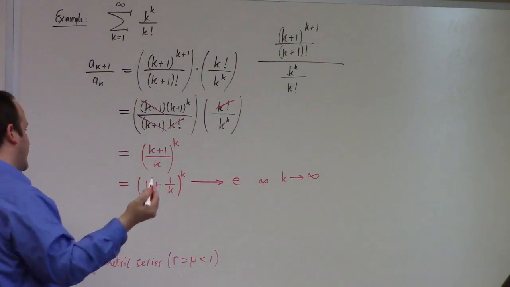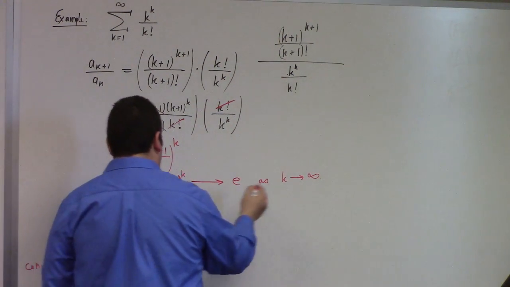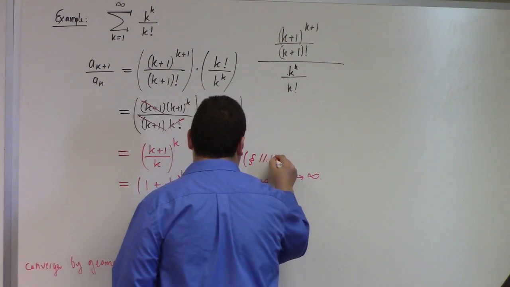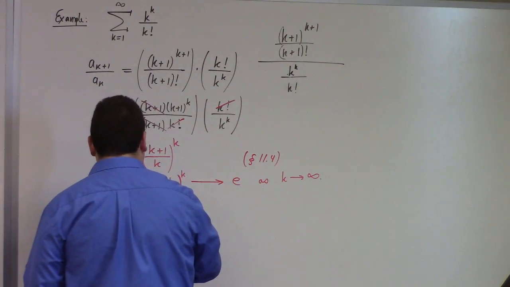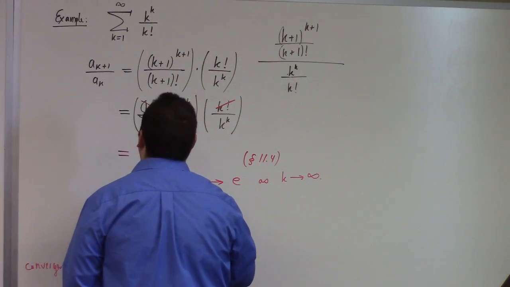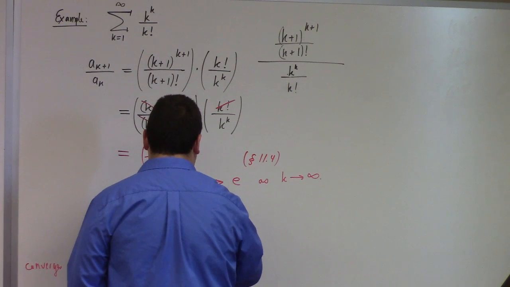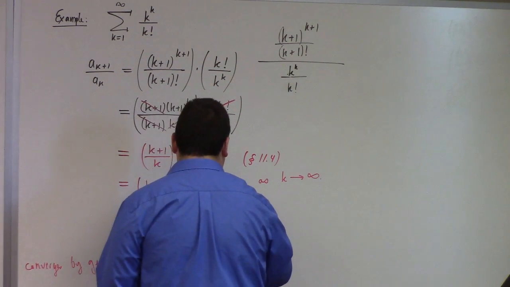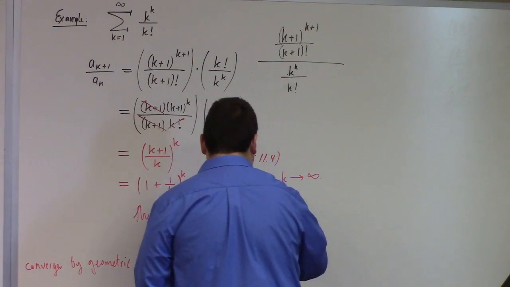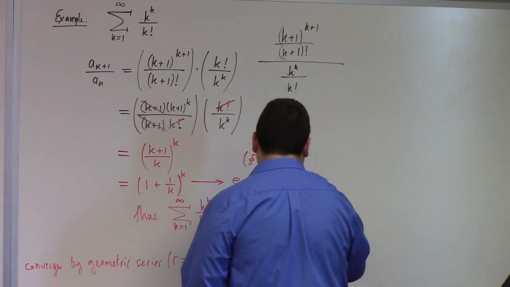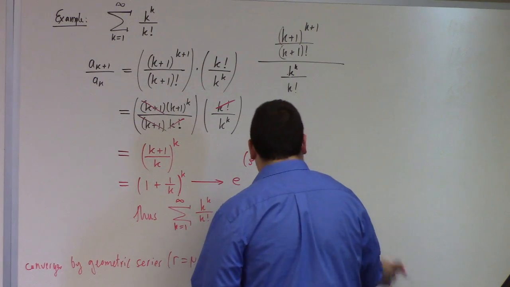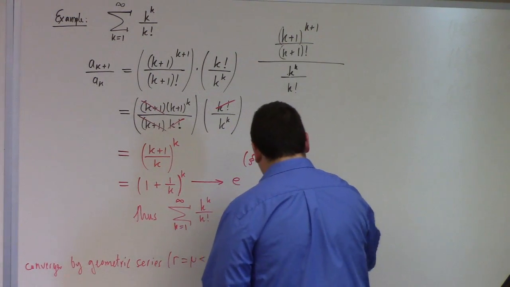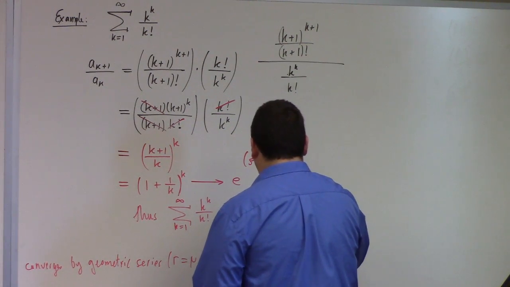Section 11.4. Thus, the sum of k to the k over k factorial, k equals 1 to infinity, diverges by the kth term test. Good grief. By the ratio test.